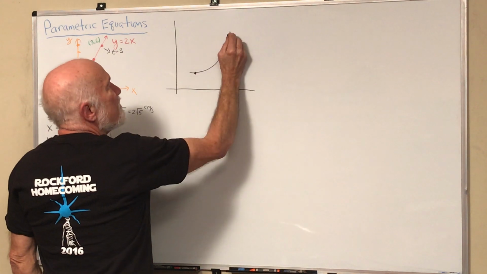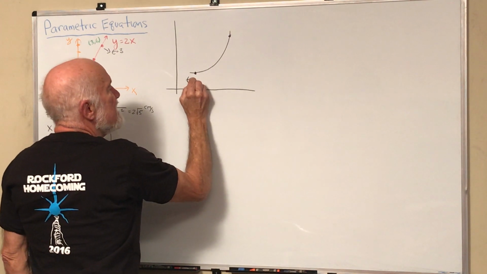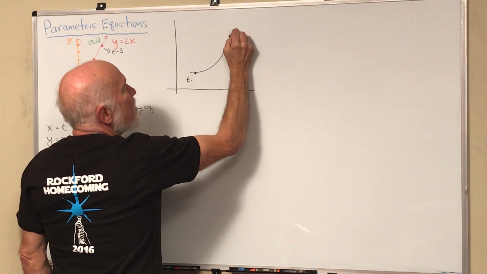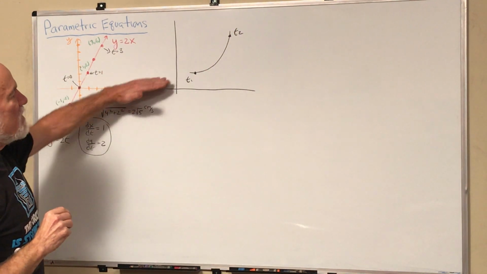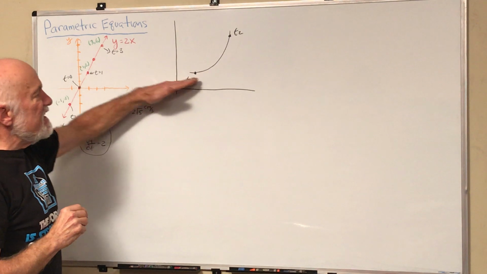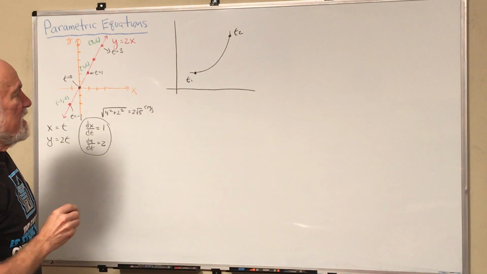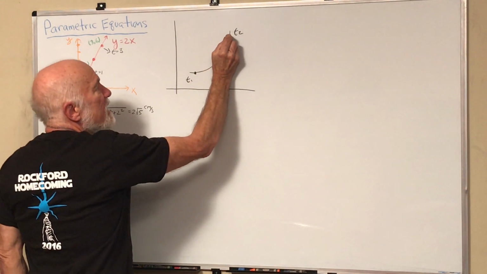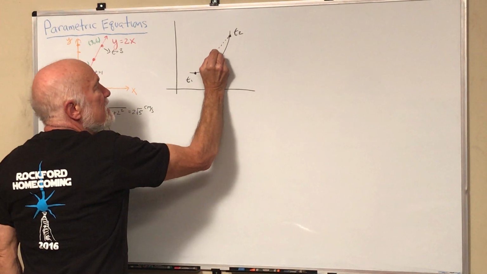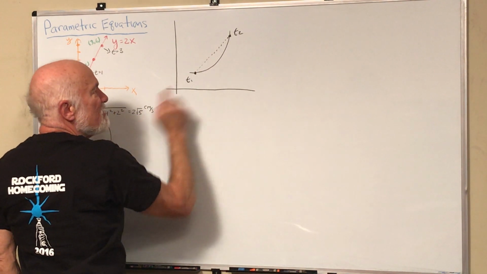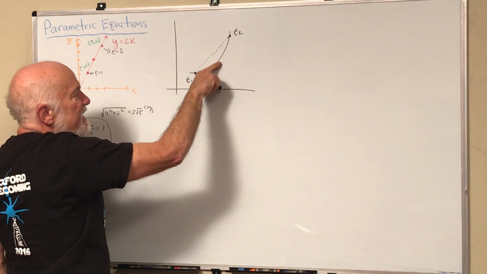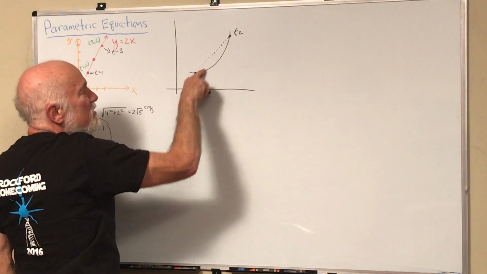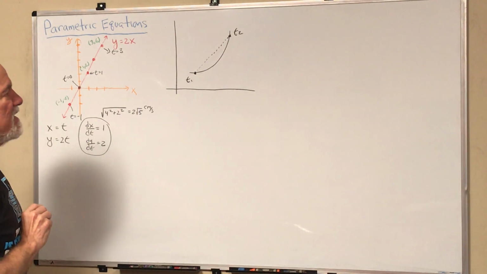So say you were at this point at t1, and you were at this point at time t2, and you wanted to know something about the velocity that you're going, you could say, well, I can't actually get the distance with the distance formula between there, but I can approximate it with this dotted line.